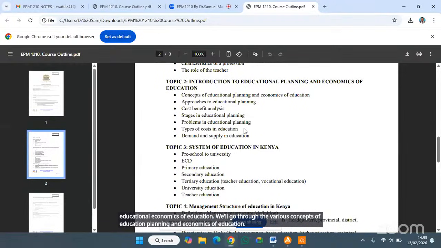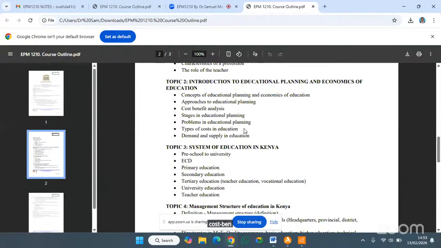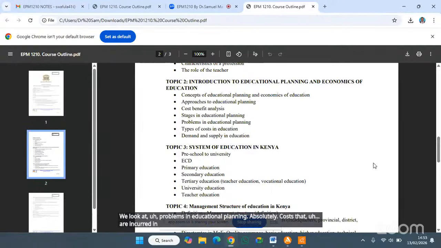We'll have a study of the approaches to educational planning, cost-benefit analysis. We'll look at stages in educational planning, problems in educational planning, types of costs that are incurred in education, then the concept of demand and supply in education.